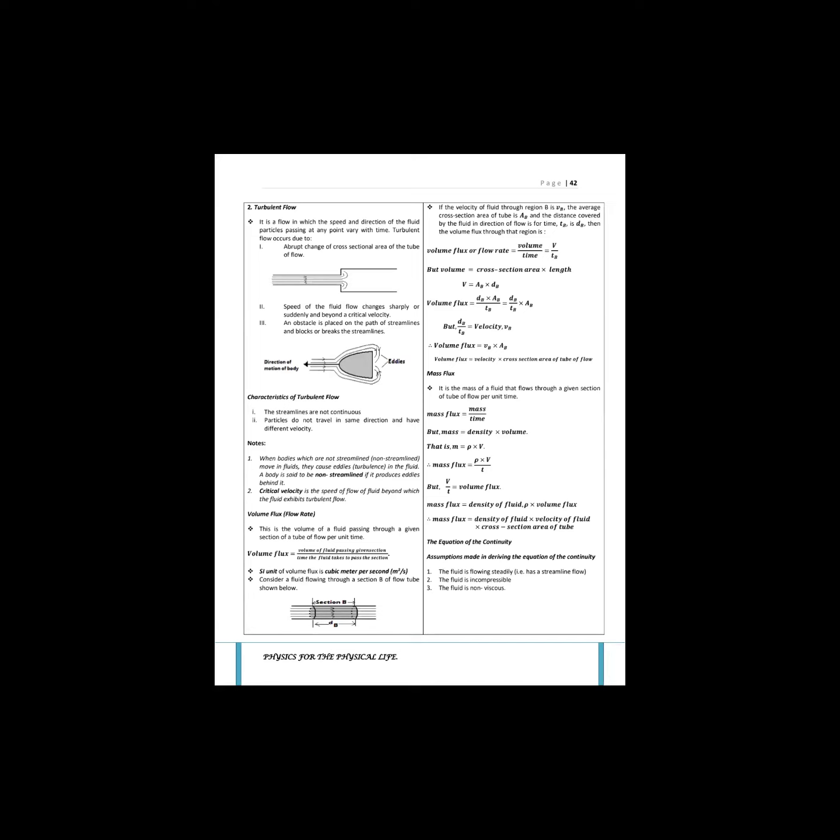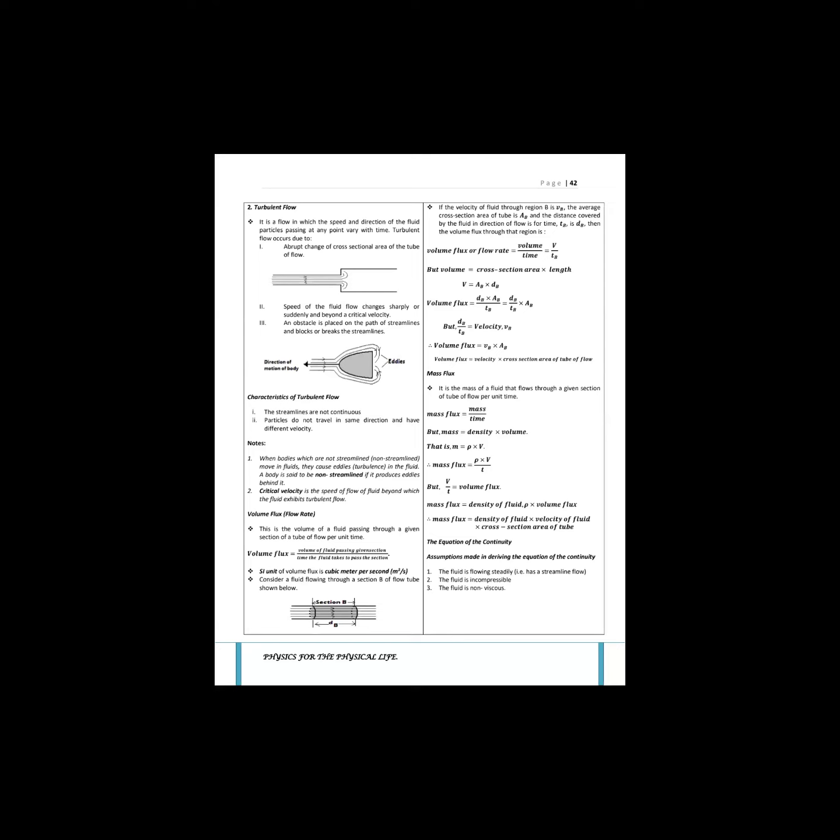So be very keen on this part. We'll begin by knowing how we get this formula of volume flux. The volume flux is also known as the flow rate. Sometimes you can be asked to calculate the flow rate.